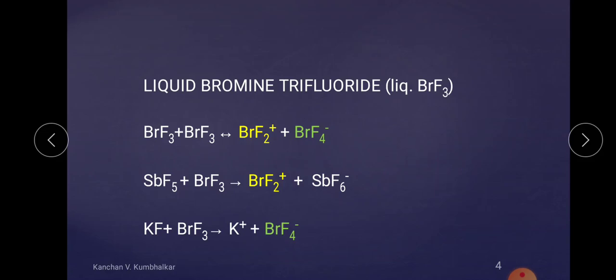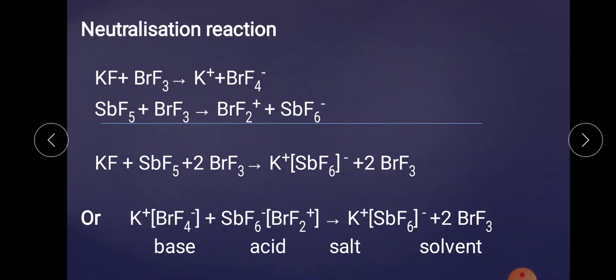Now the next one is the neutralization reaction. In the previous reactions, SbF5 and KF were declared as an acid and a base respectively in the presence of BrF3. So what does neutralization mean? The neutralization reaction means that when an acid combines with a base, there is a formation of a neutralized salt and the solvent.